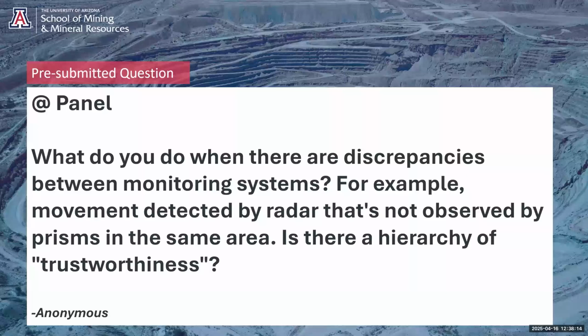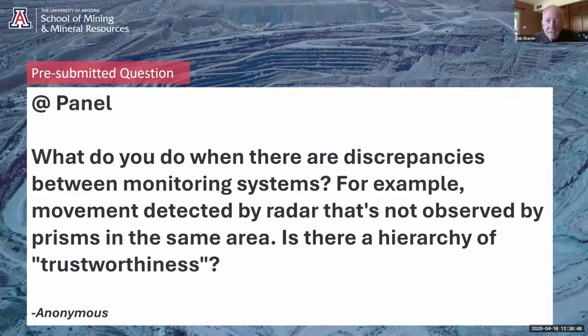As you do the analysis, you should always have in mind the strengths and weaknesses of your monitoring systems. It happens a lot that one system picks up a movement and the other one does not. But it's a situational analysis to say what type of movement am I picking up, and what kind of system is optimal to monitor this kind of movement. Thank you so very much.